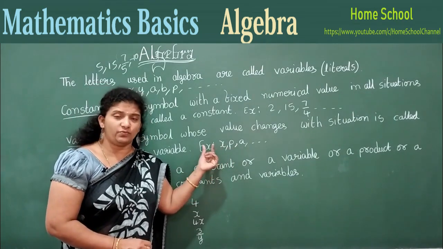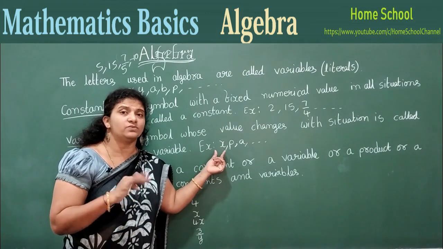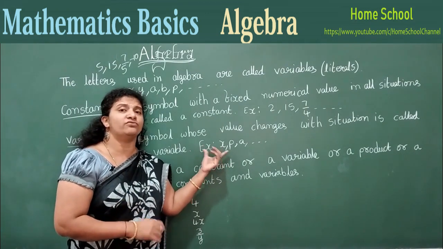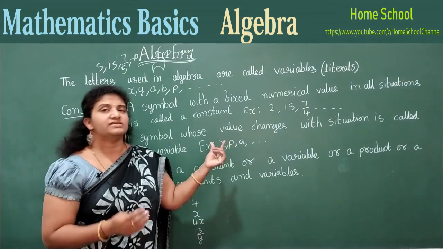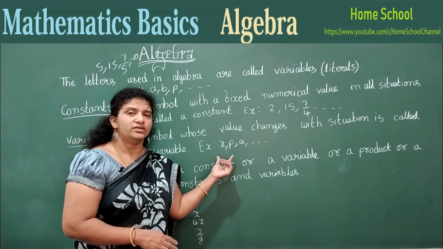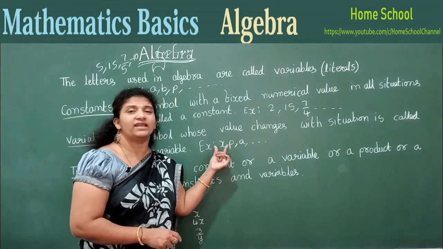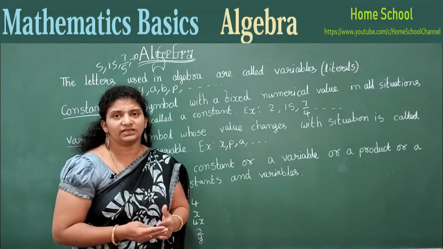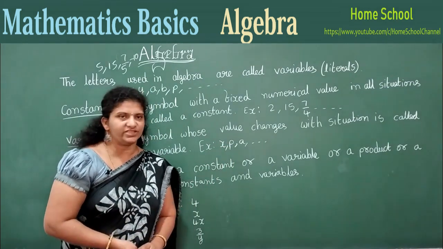We call it x, but the x value will be changing: x is equal to 5, x is equal to 10, sometimes x may be negative. This means the x value is always changing according to the situation.